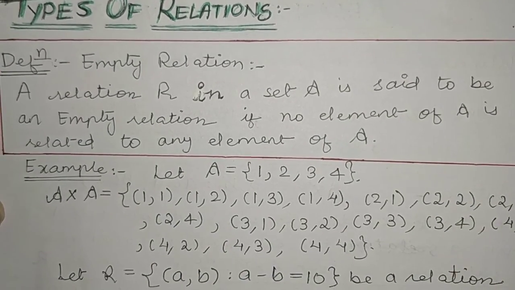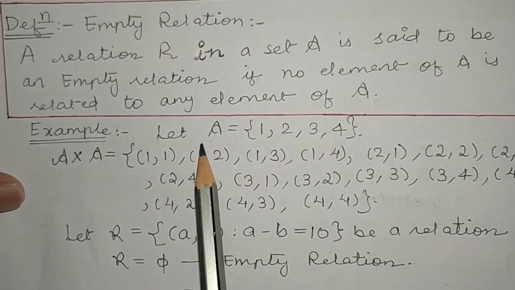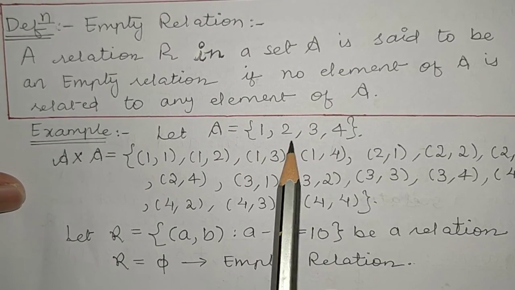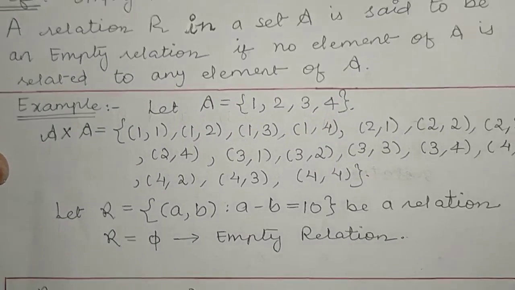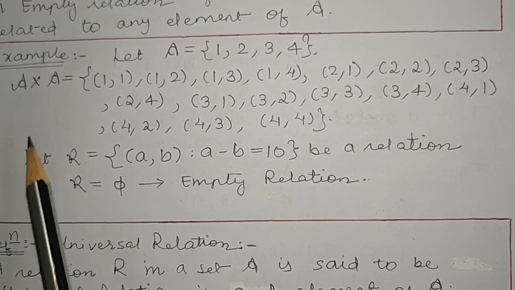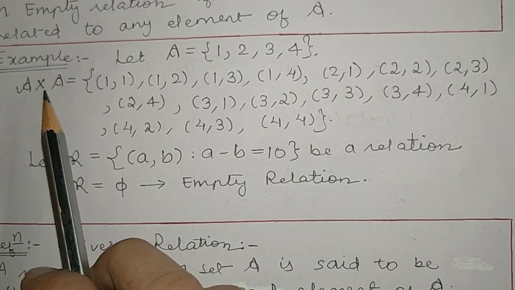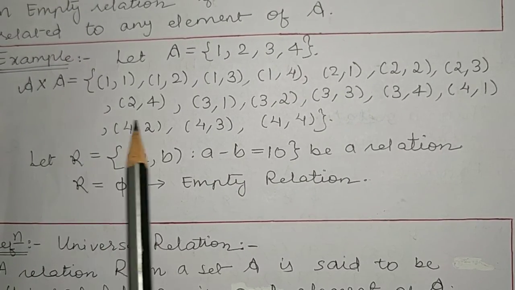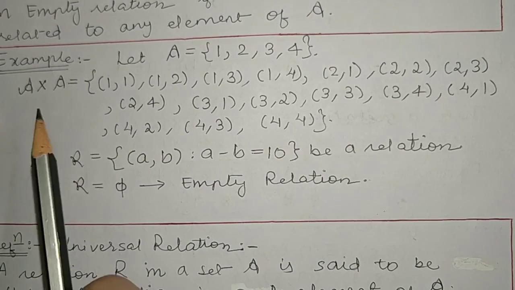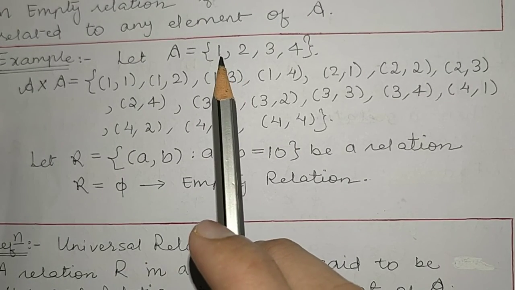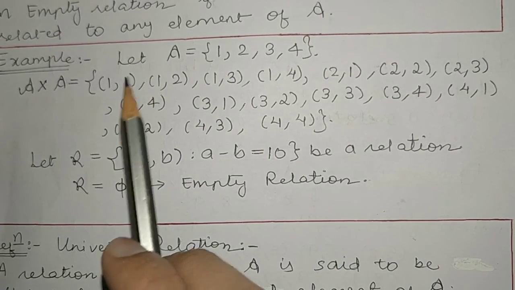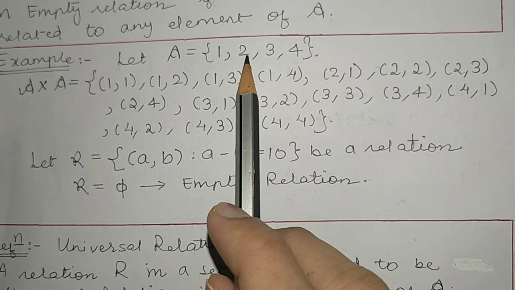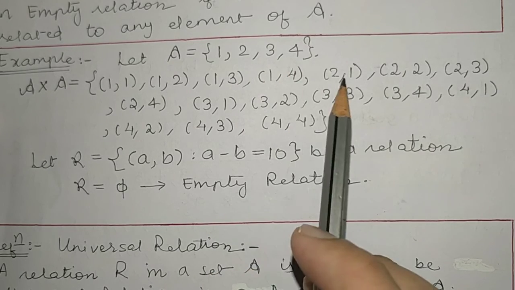Let us look at an example. If you have a set A equal to 1, 2, 3, 4, what you will get is the cross product A cross A as this. You have the elements 1, 1, then 1, 2, like that up to 1, 4.